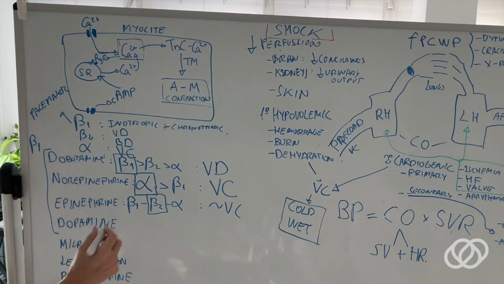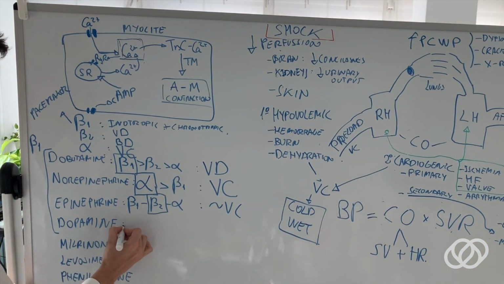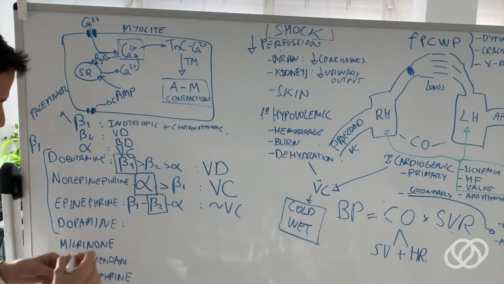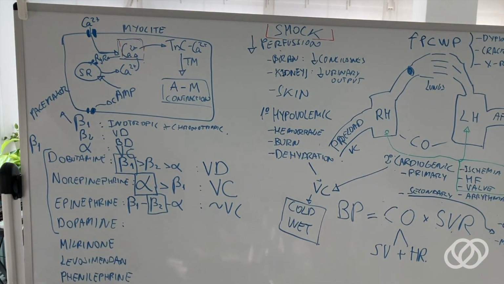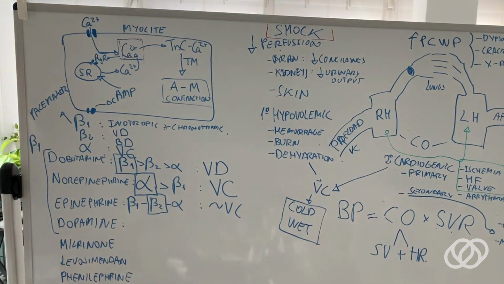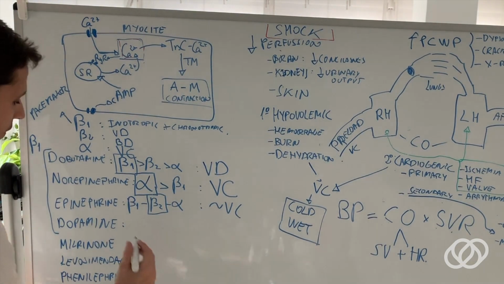Okay, and dopamine. Finally, dopamine, the last one of the beta-1 inotropes. Dopamine is special because depending on the doses that we give, we go from one receptor to another.